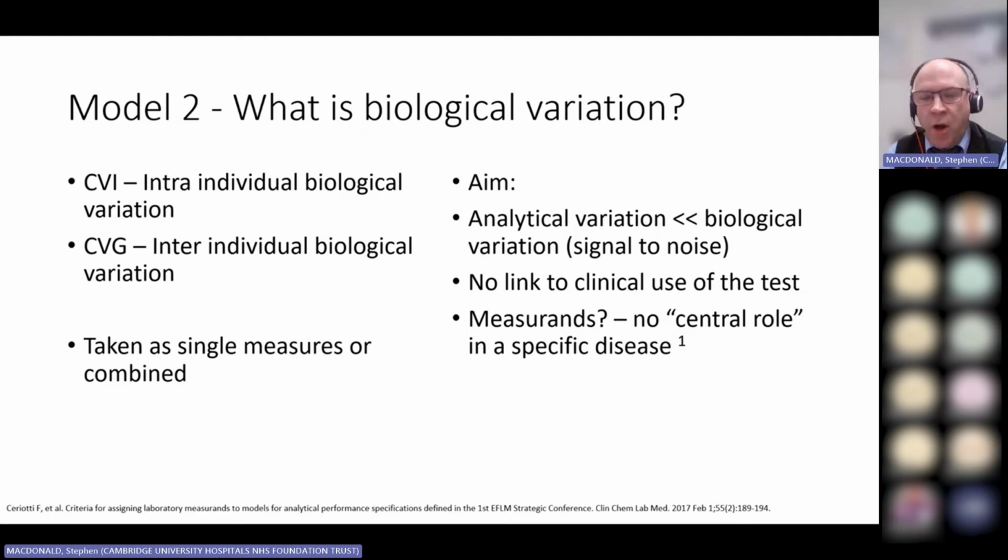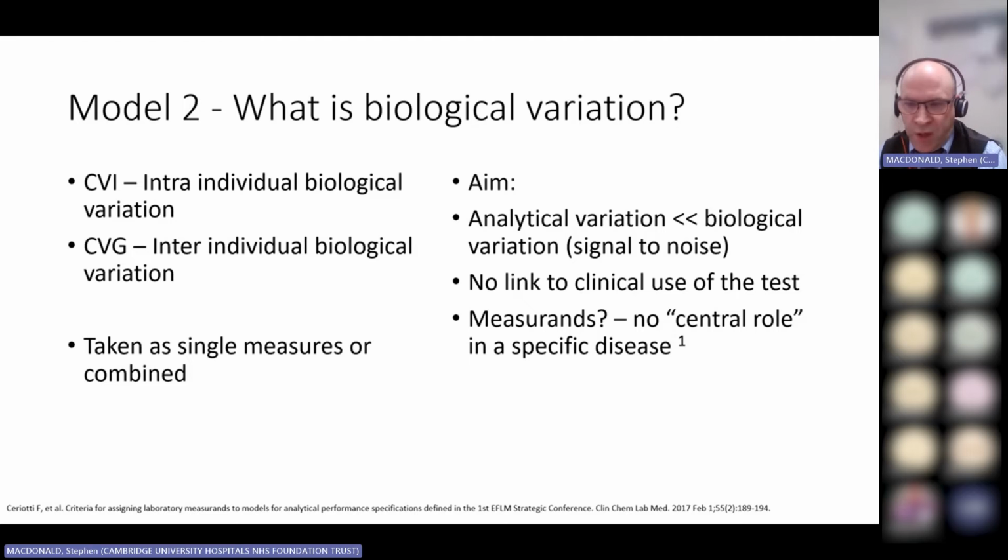So if I measure an individual measurand within me, it will usually run at a given level in health in the steady state. Now, of course, that varies around that set point to a certain extent, but shouldn't be too much, depending on the measurand, of course. So that biological variation within me is the intra-individual biological variation, the CVI.